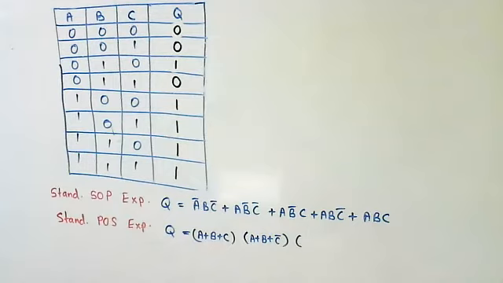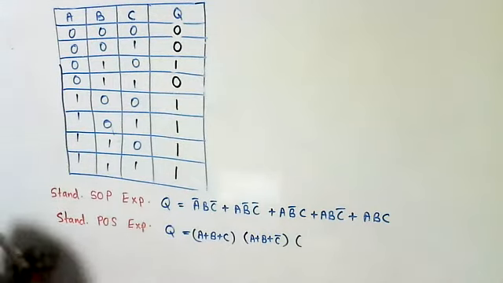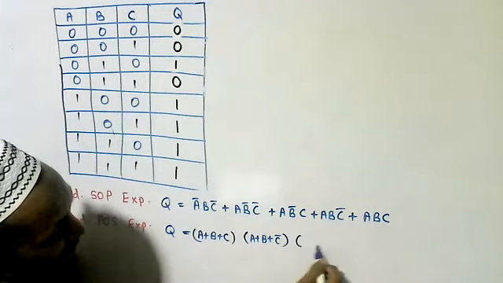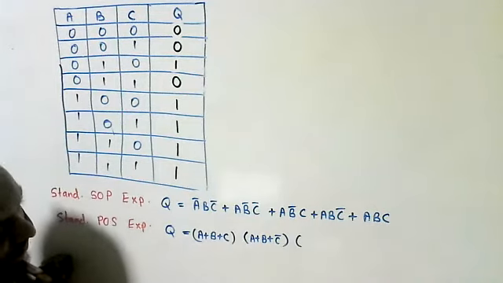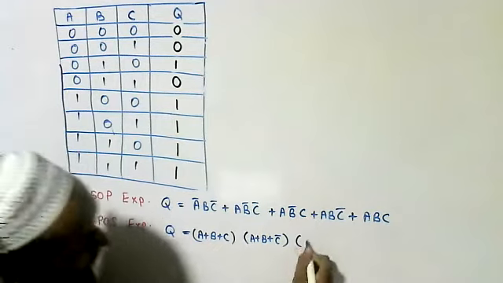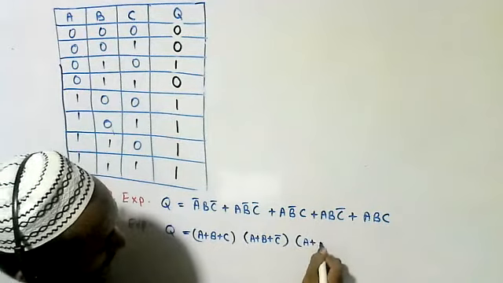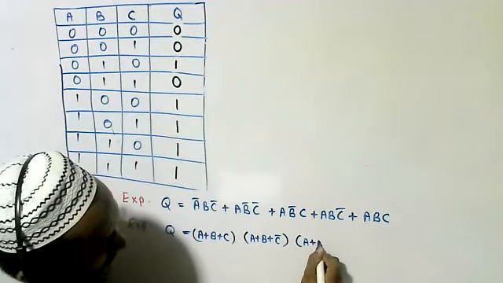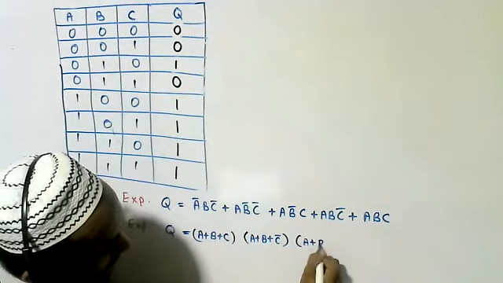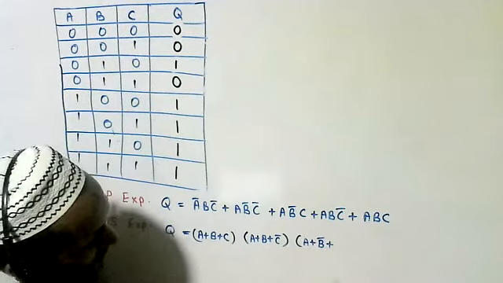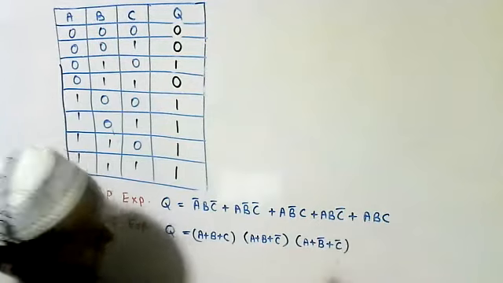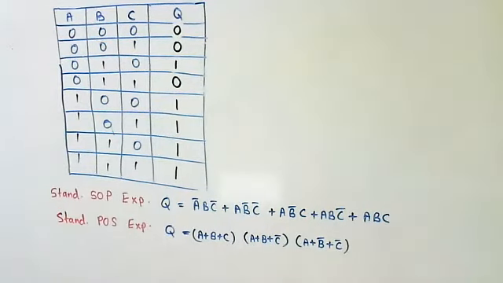I just ask you to answer, and then I will check it. Sometimes they may have mistakes. We'll check. Third max term: A plus B bar plus C bar. Right. We'll check this.